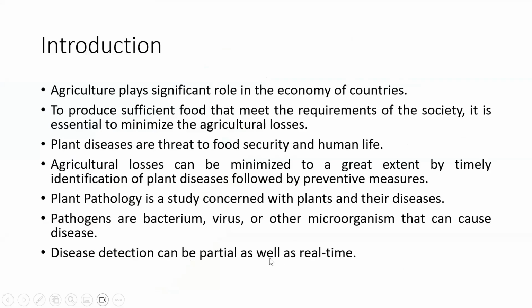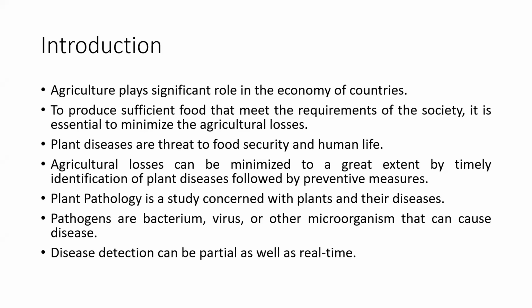As you know, agriculture is very important and it plays a significant role in the economy of countries, and most countries depend on agriculture. To produce a sufficient amount of food that meets the requirement of society, it is very essential that the losses are minimal. In order to reduce those losses, computer vision and AI-based techniques are playing a very important role.